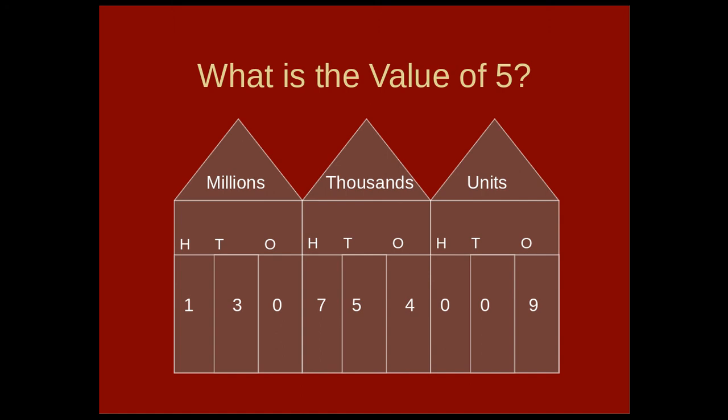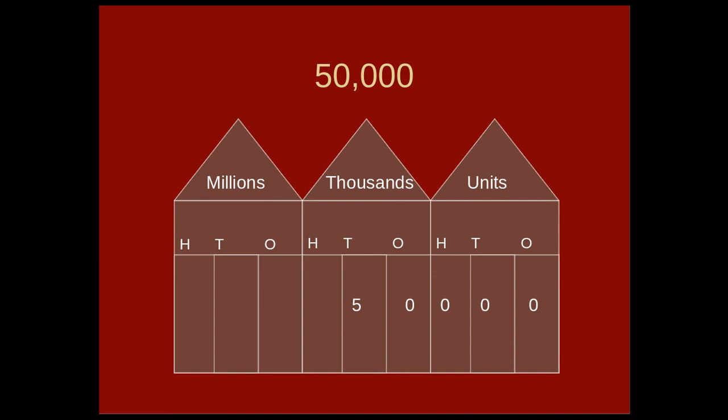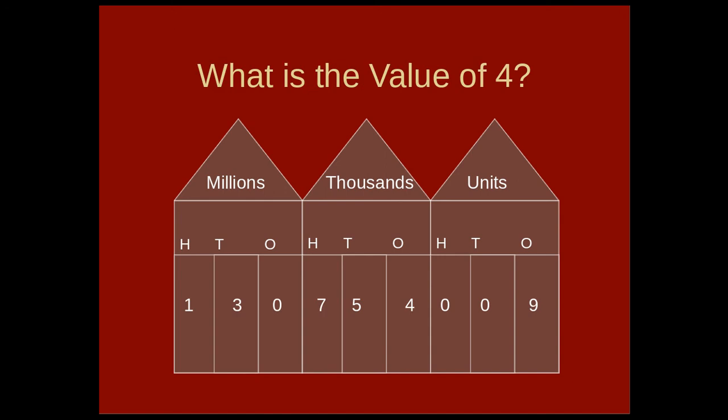Well, I would change everything else into a 0, and I would say the value is 50,000. So I would say it's in the tens of the thousands, 50,000. There you can see where they've broken it down, and they put zeros in all of them. They're like a placeholder.